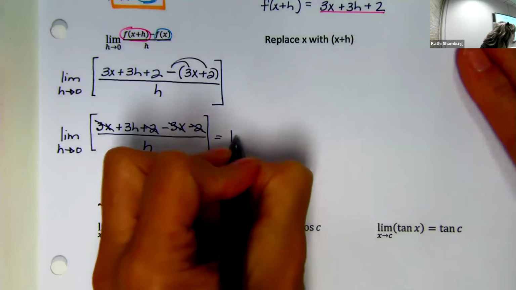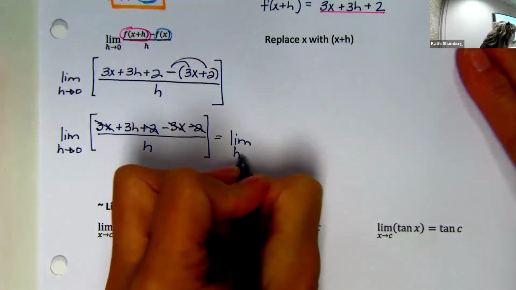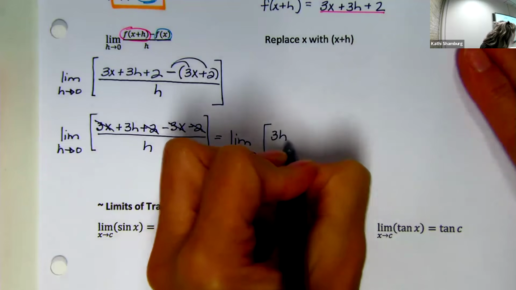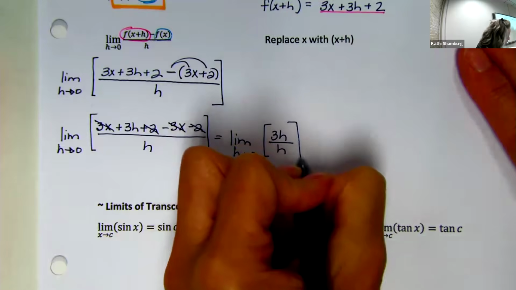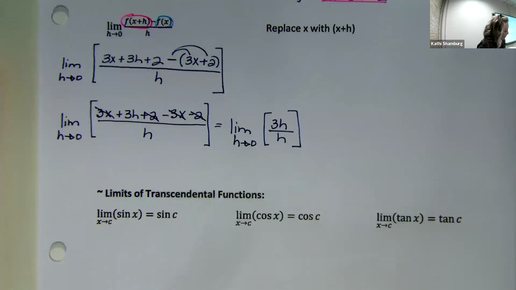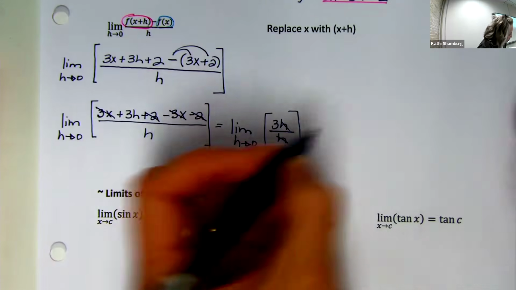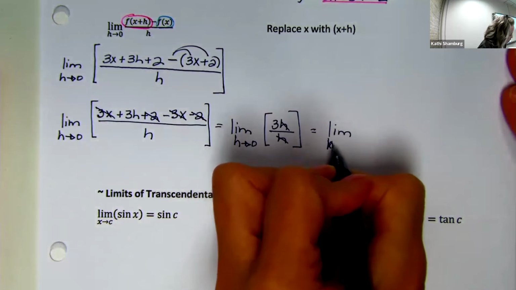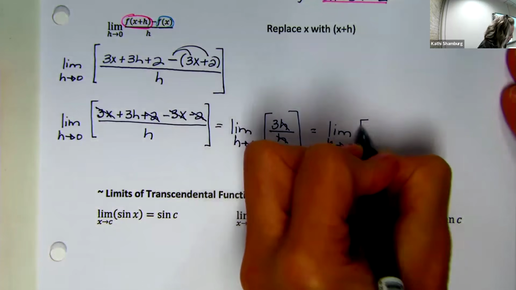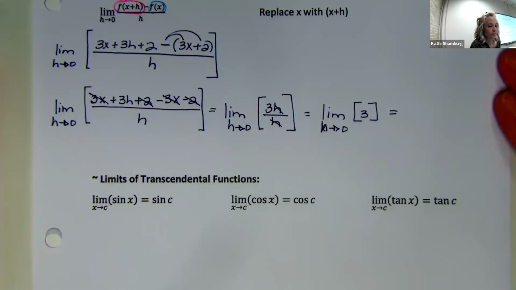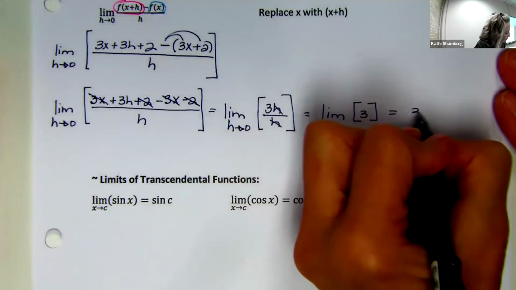So we are left with the limit as h approaches 0. In the numerator, I'm left with 3h over h. Oh, lo and behold, what can I do? Cancel out the h, so I'm left with the limit as h approaches 0 of a constant 3, and the limit of a constant is always that constant.